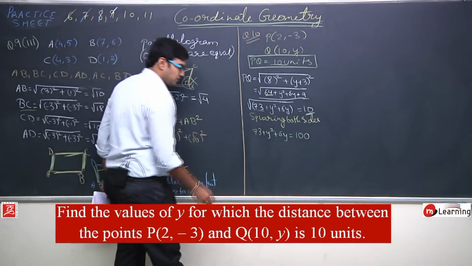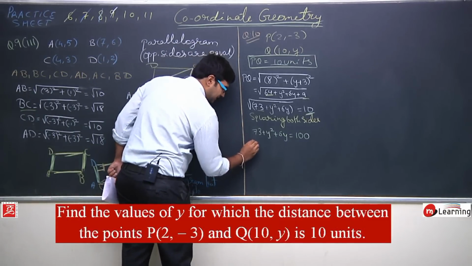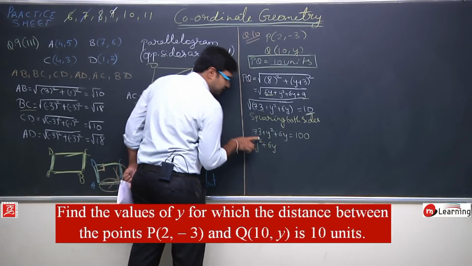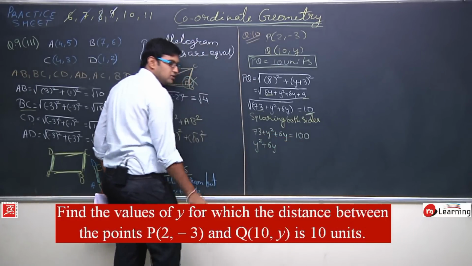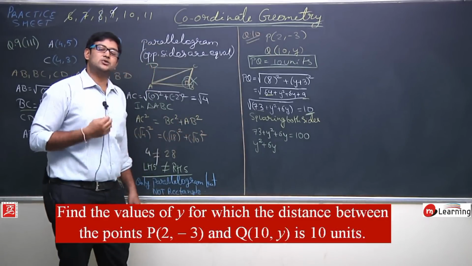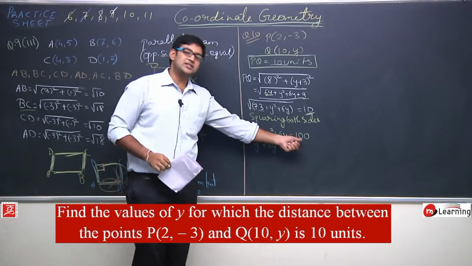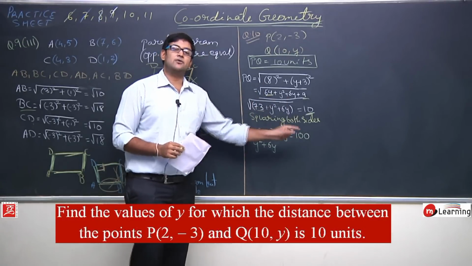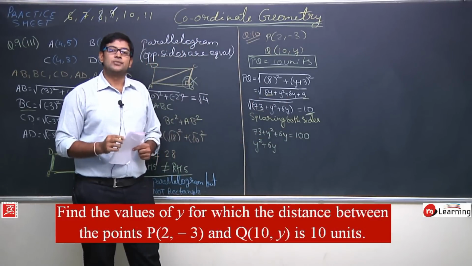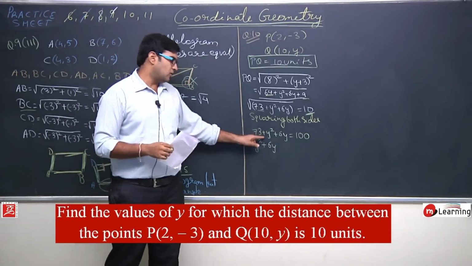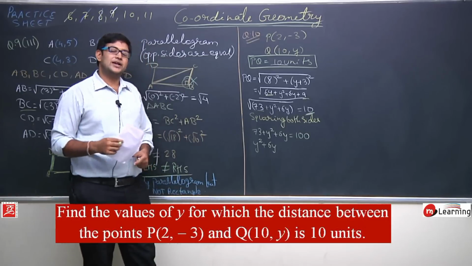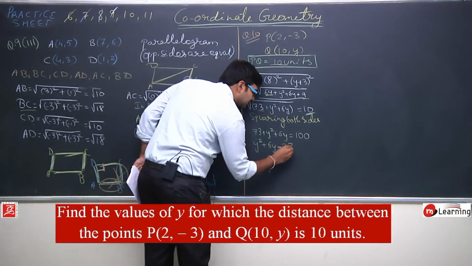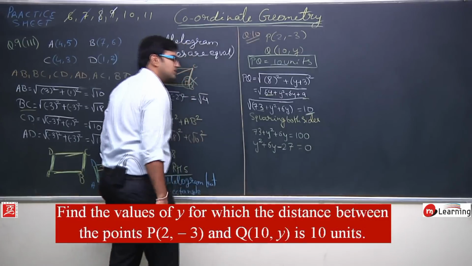Now further simplifying this, you will get y square plus 6y, and this is 73 and this is 100. So when you shift 100 from RHS to LHS, 73 minus 100, what is 73 minus 100? First subtract 70 from 100, it will give you 30. Then subtract 3 from 30, it will give you 27. So this will become minus 27 equals 0.